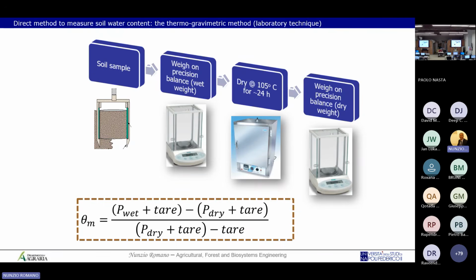So, it could be strange, but 105 is just the mean value between 100 and 110. So this is the magic thing about this funny number 105. Again, 105 is just the average between 100 and 110 centigrade.